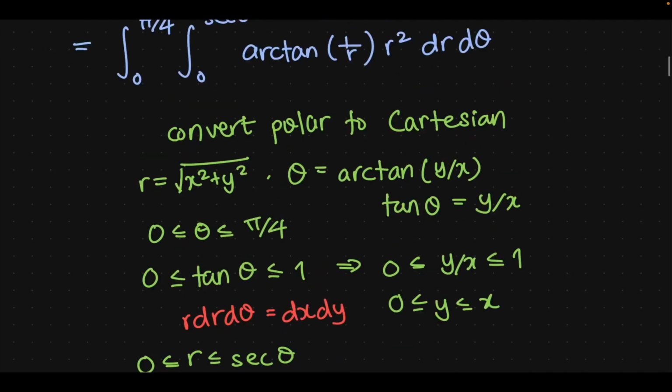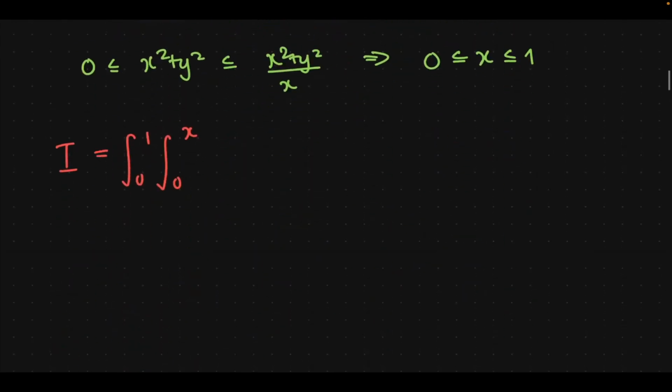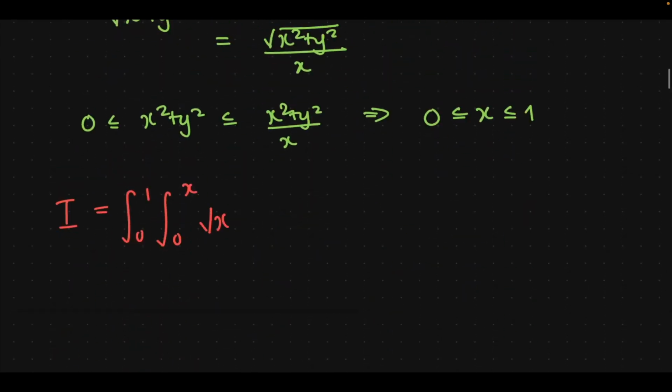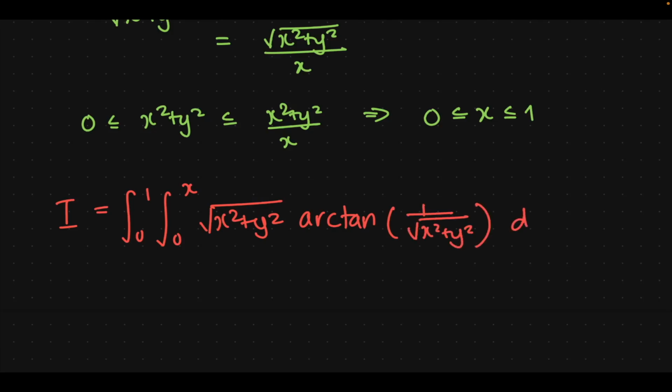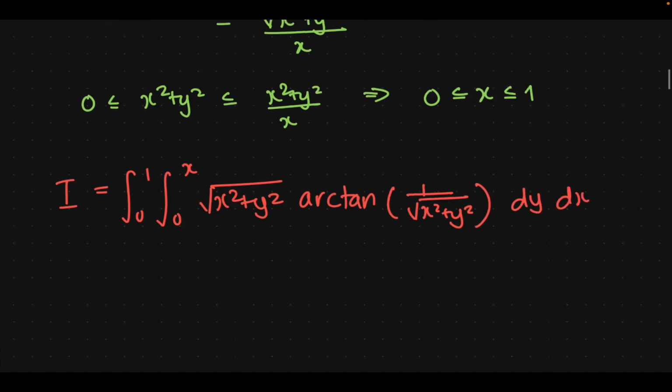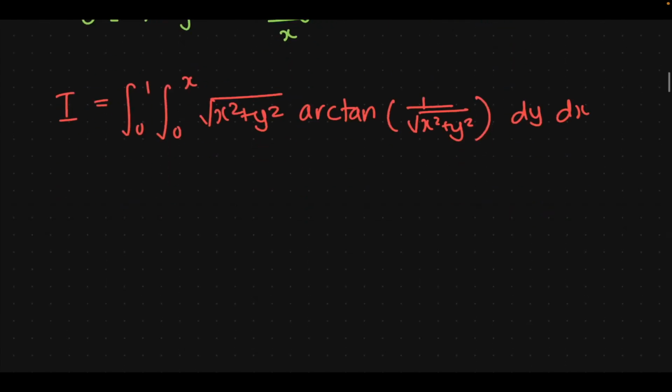So one r is consumed in the Jacobian. One r remains, which will become the square root of x squared plus y squared. And we still have the arctan of 1 over r. r is the square root of x squared plus y squared, dy dx. Here the order matters because of the nested integral.